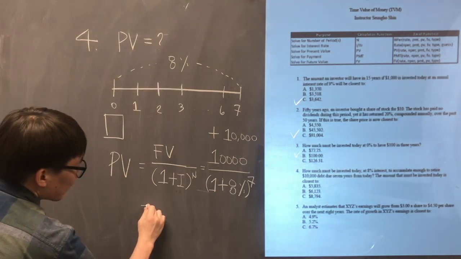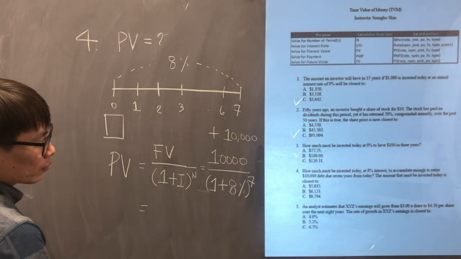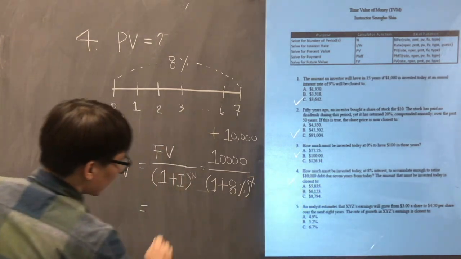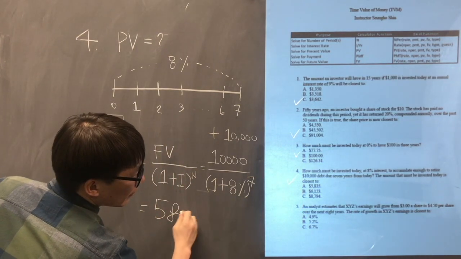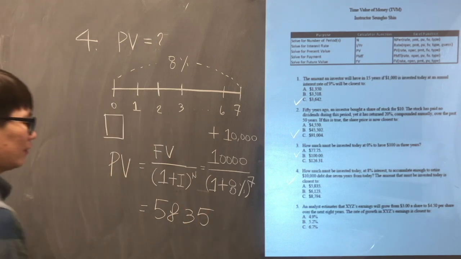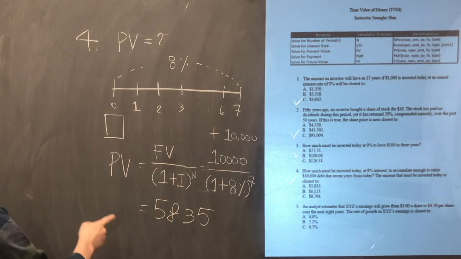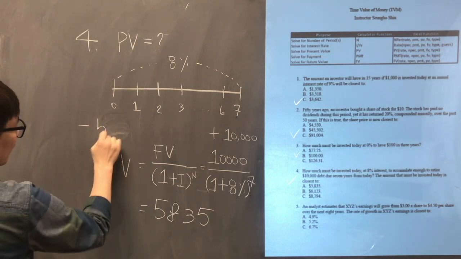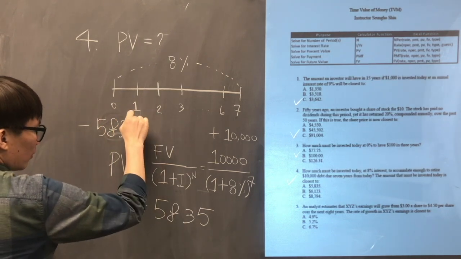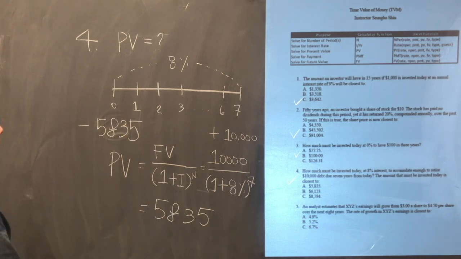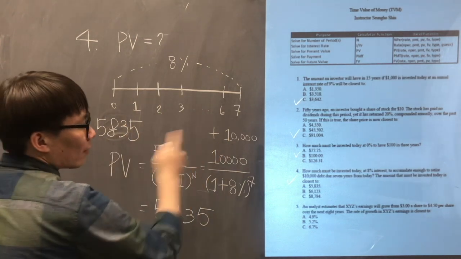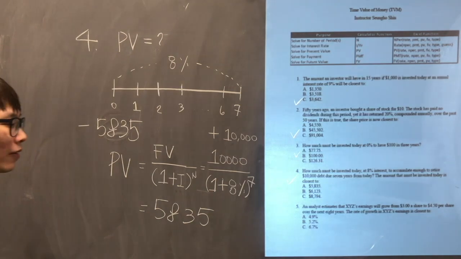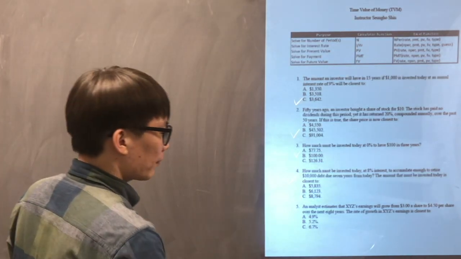In this case, our present value is approximately 5,834.9. Sounds good? In other words, today you need to invest this amount of money to get 10,000 at year 7. Sounds good? Okay. Question number 5.